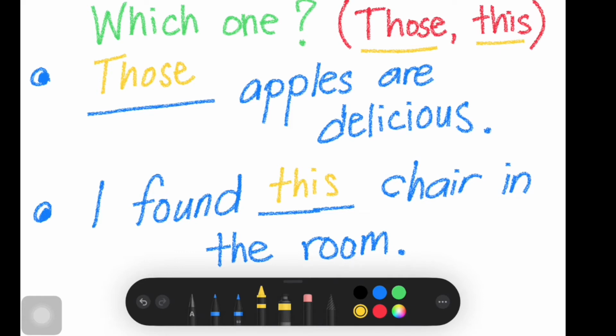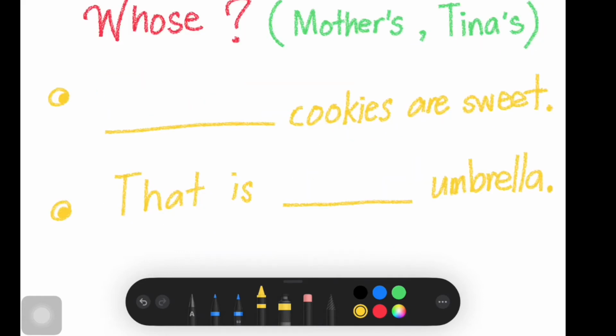Okay. Now, next, another example is an adjective answering the question whose. So we have two options here. We have mother's and Tina's. Please notice the apostrophe S in this part. I'm going to explain that a little bit later, after this one. So it says here, blank cookies are sweet. So which cookies do you think are sweet?